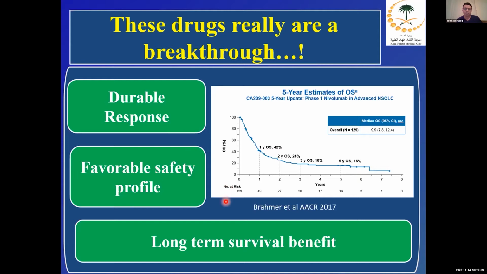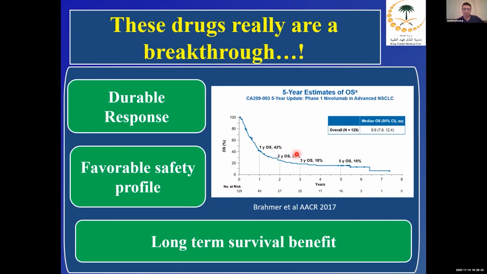The other important finding, with longer follow-up since immunotherapy was introduced more than 5 years ago, is that we now have 5-year data, presented probably 2 years ago, from one of the earlier trials of the checkpoint inhibitor Nivolumab in patients heavily pretreated with chemotherapy.